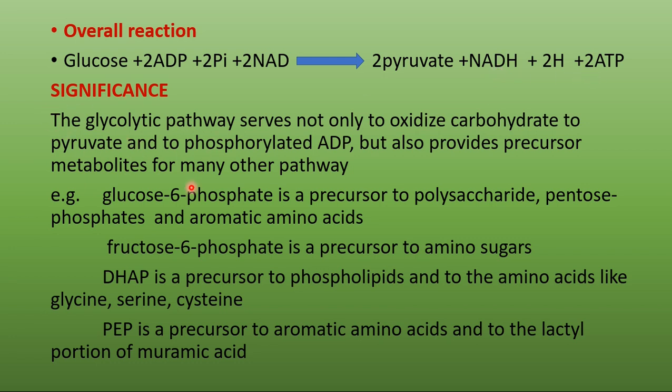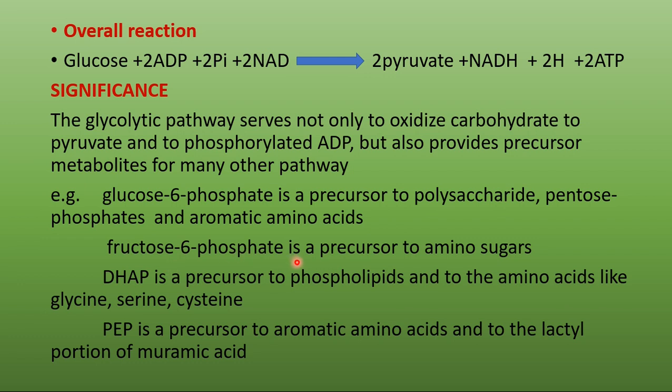Now coming to the significance of this glycolytic pathway, as we know, it not only serves to oxidize the carbohydrate to pyruvate and to phosphorylate ADP, but also provides precursors for many other pathways. Glucose 6 phosphate is a precursor for polysaccharides, pentose phosphate, and aromatic amino acids too, isn't it? And especially the HMP pathway.